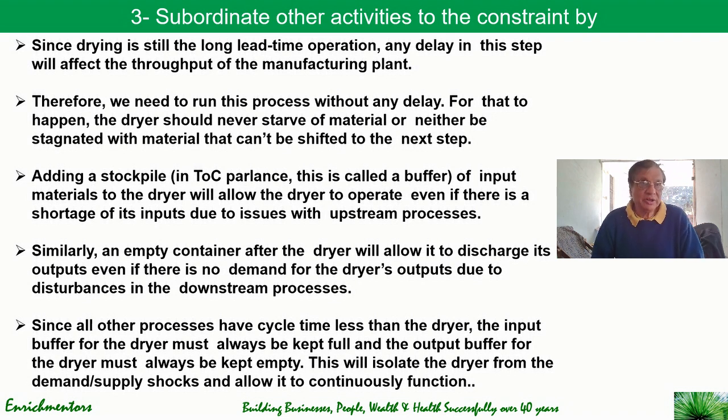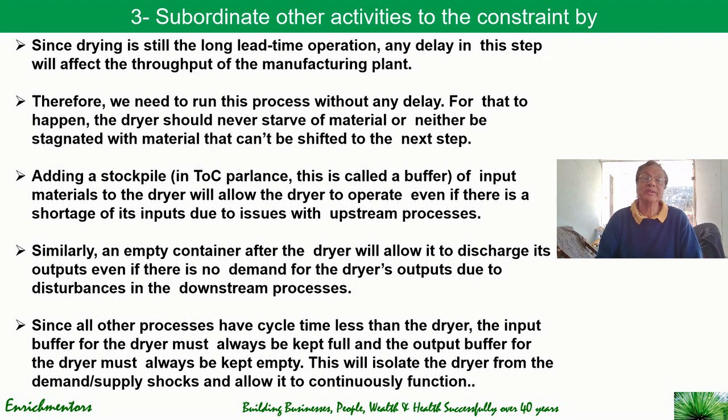Similarly, at the end of the dryer process, there shouldn't be anything that can hamper the production or cause the dryer to be shut down because of the downstream operation not being ready, like stockpiling of material there. And like this, we need to subordinate all the other activities to this constraint activity, which is the drying activity.